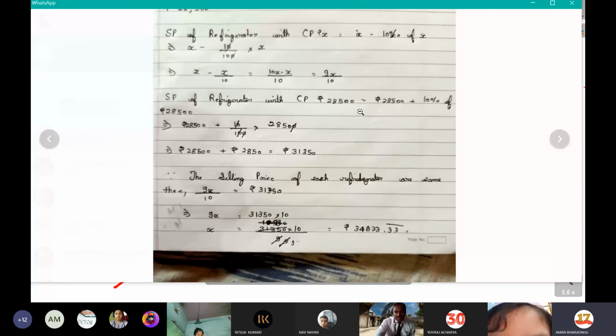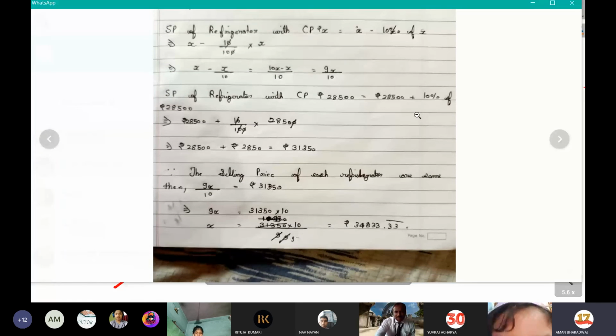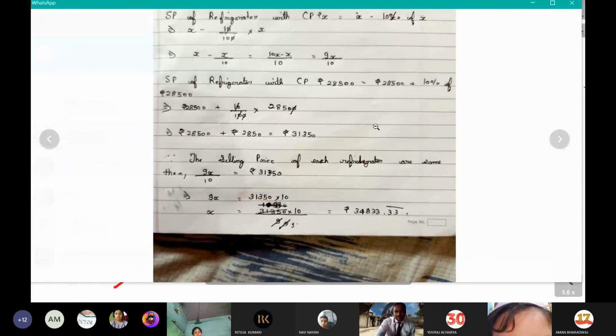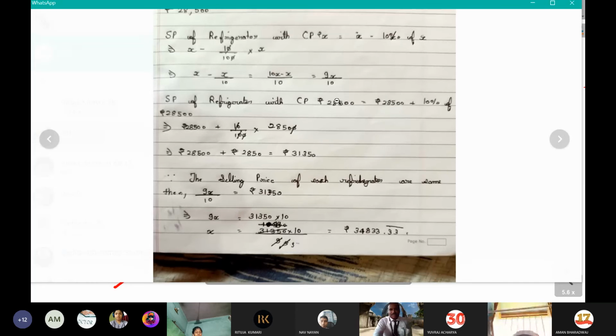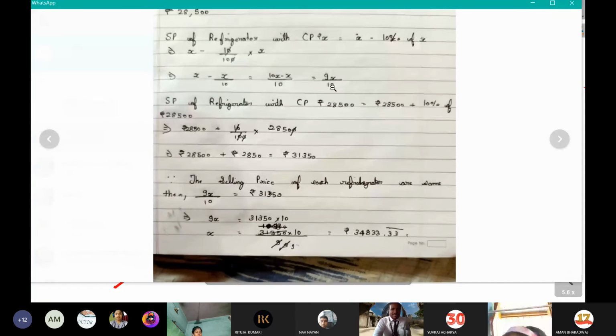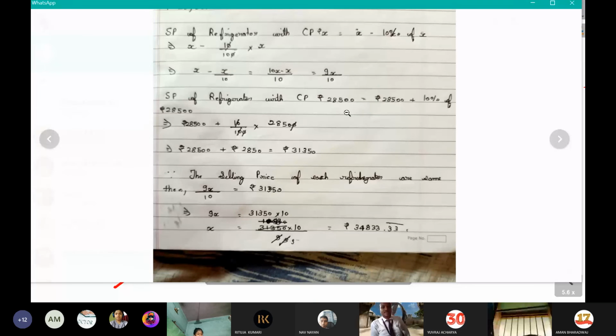Wait, sir. Let me send again. 10% of this is not right. How can you write 10% of 28,500? The next refrigerator's cost is not 28,500, that is the profit, no, sir. The cost price is not 28,500.